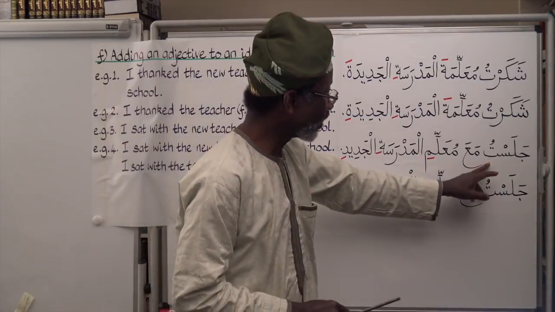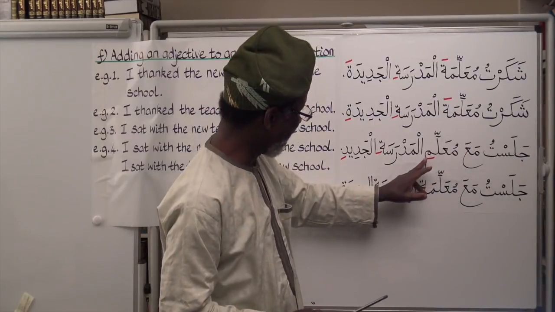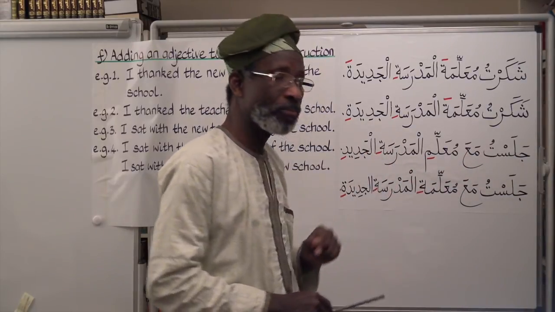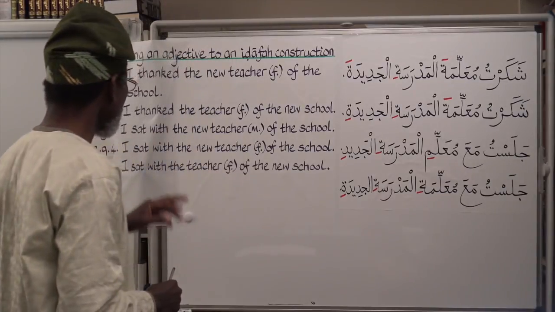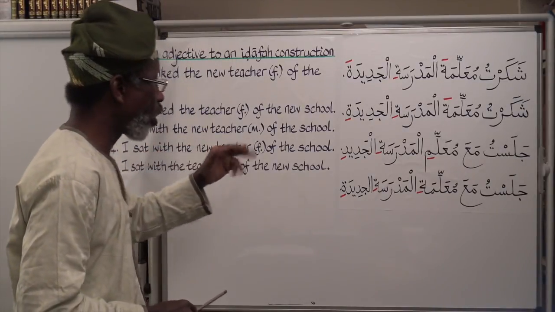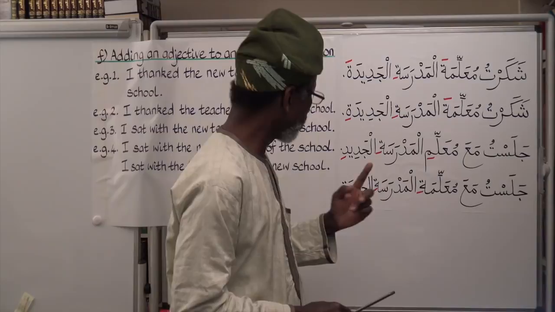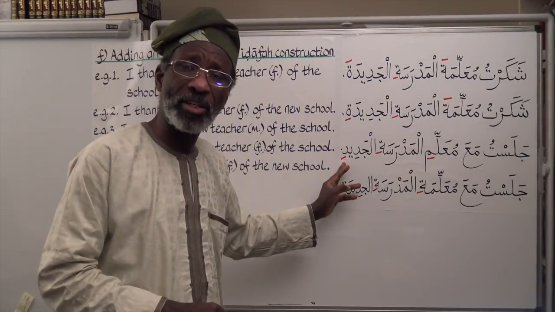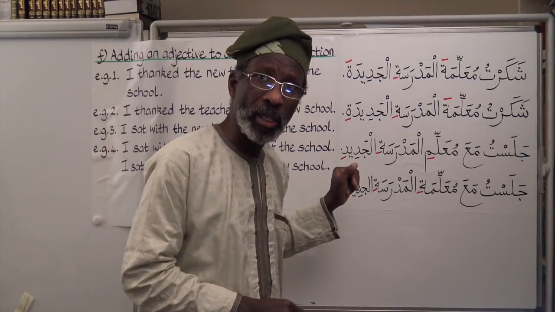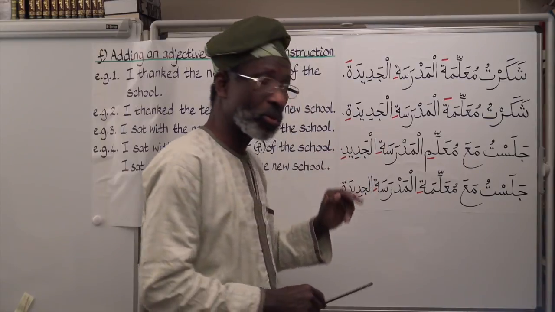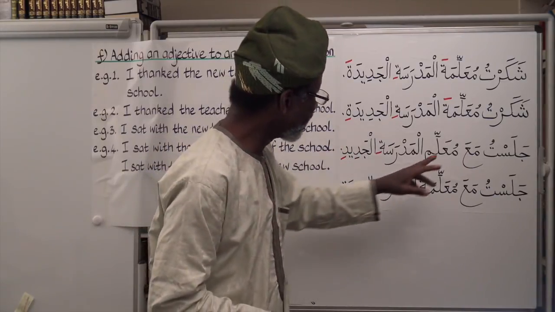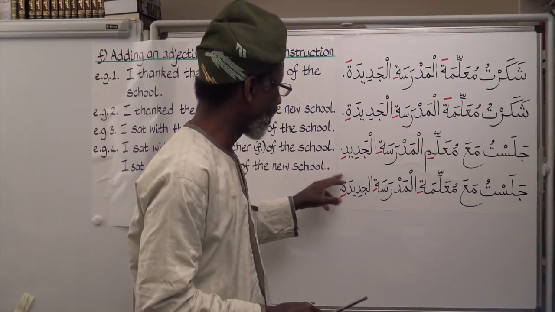Next one. Jalastu ma'a mu'allimi al-madrasati al-jadid. I sat with the new teacher of the school. What's happening here? Al-Jadid is an adjective, it is masculine and is carrying kasra, which is genitive case. Now, this adjective is defined.